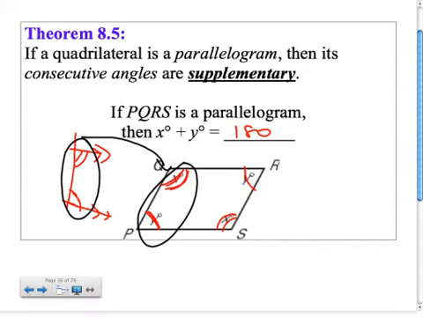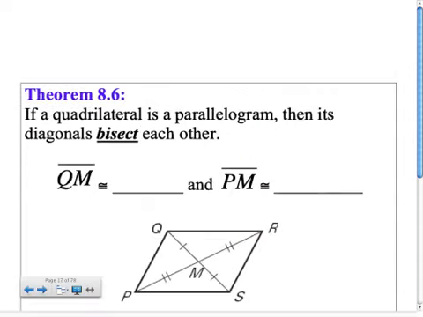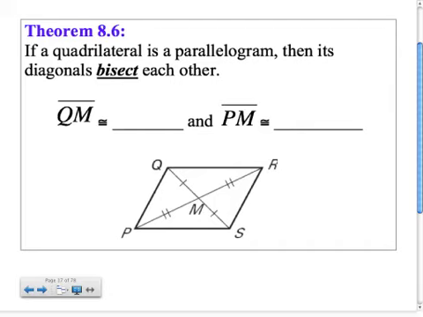And then the last property we're going to look at involves the diagonals. Diagonals just means you go from one vertex to the opposite vertex. So obviously RP is one diagonal, and then QS would be the other diagonal. And the unique relationship here is that the diagonals bisect each other. Diagonals are not the same length, but they bisect each other.